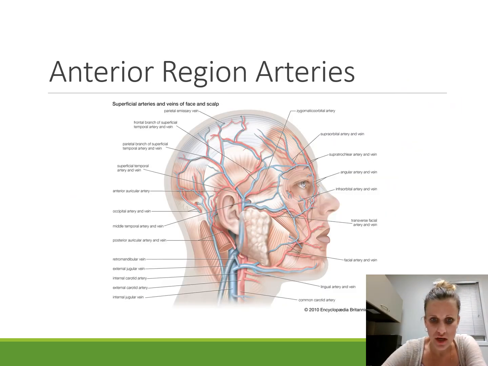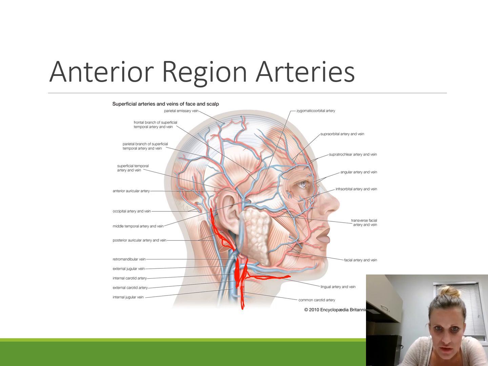Here we can see most of these arteries. You see the common carotid artery coming up the neck, and the internal carotid artery back here is going to go into the brain. This external carotid artery out here has a bunch of branches. So the lingual artery is coming up under here. Back here you see the posterior auricular artery.